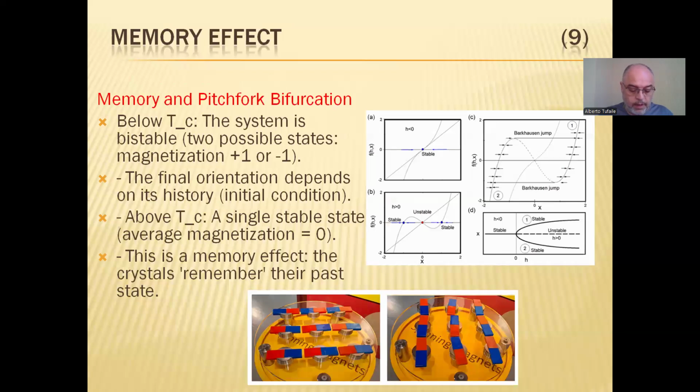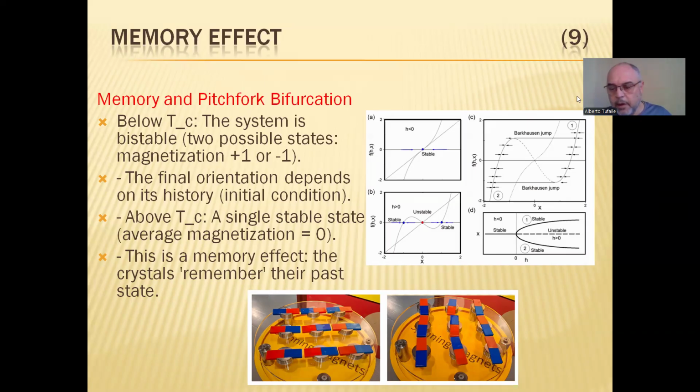It can fall into either of two potential wells, as you can see here, and which one it chooses depends on its history. That is a memory effect which is unusual in atmospheric optics. So we are proposing the idea that this phenomenon has a kind of memory.